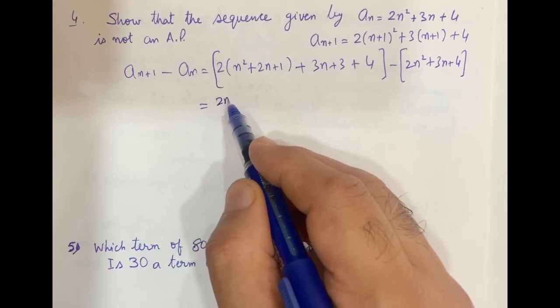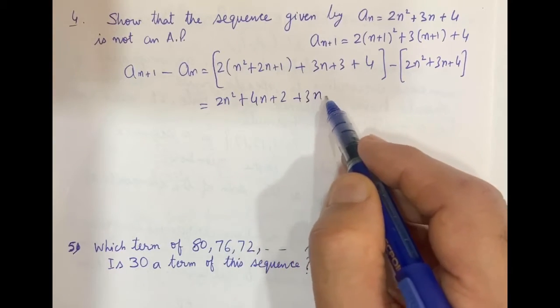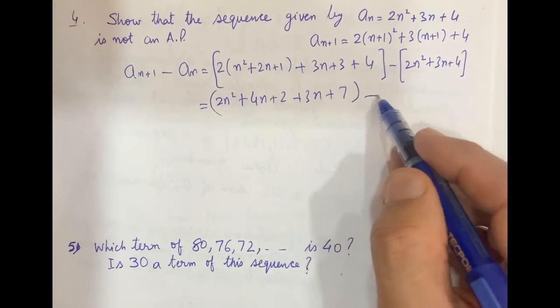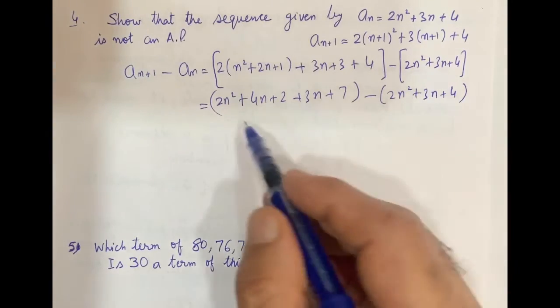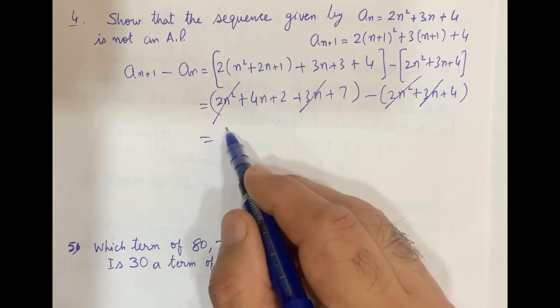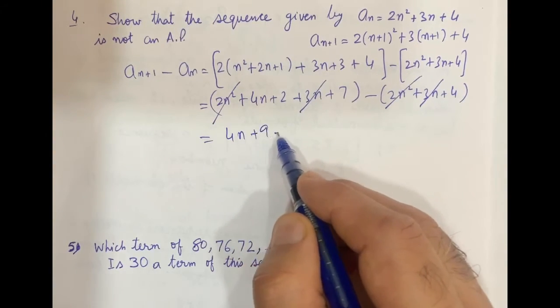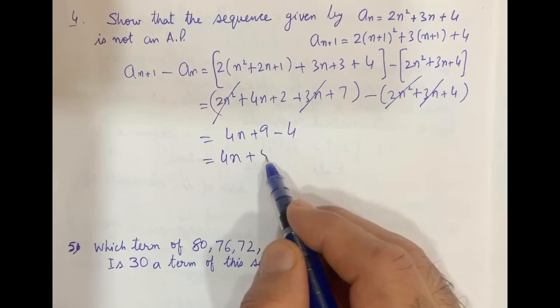This is 2n square plus 4n plus 2 plus 3n plus 7 minus 2n square plus 3n plus 4. 2n square will cancel out, 3n also. This is 4n plus 9 minus 4, that is 4n plus 5.